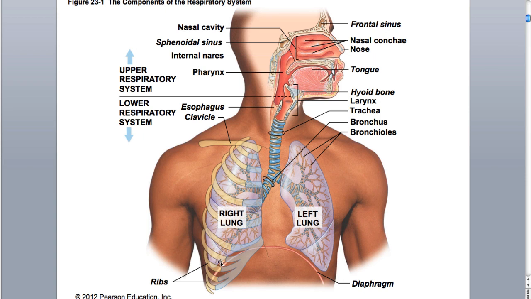We have our right lung and our left lung. You can always identify the left lung by this indentation here. Some books call it the cardiac notch, and we'll see that on a later picture. So left lung, right lung, and again the cardiac notch. Next slide.